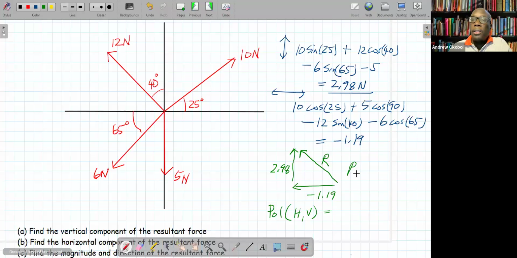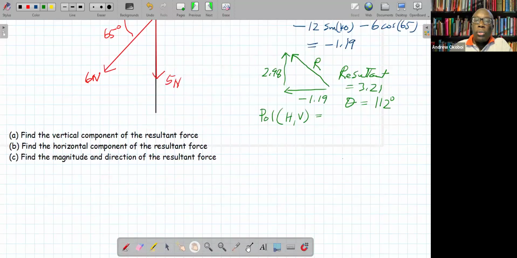So I'll write this as my resultant, and of course you can get this using trigonometry also, is 3.21, and my theta, which we always count from the 3 o'clock position, the positive x-axis, is 112 degrees. Now, if I was going to draw this out, it would look something like this.